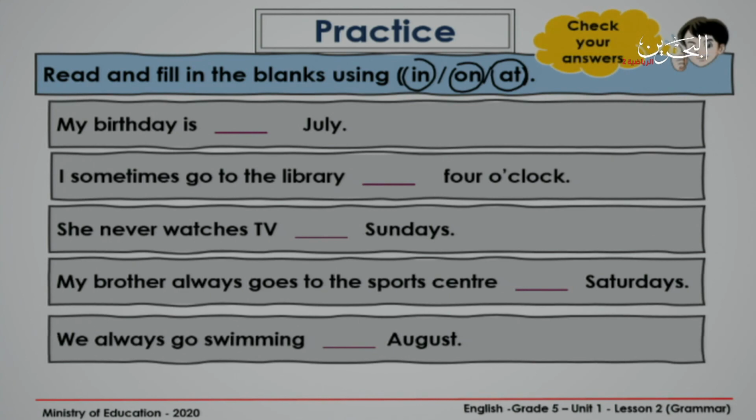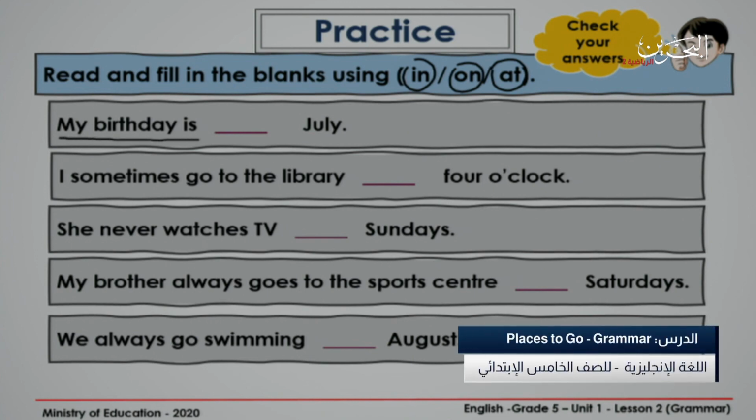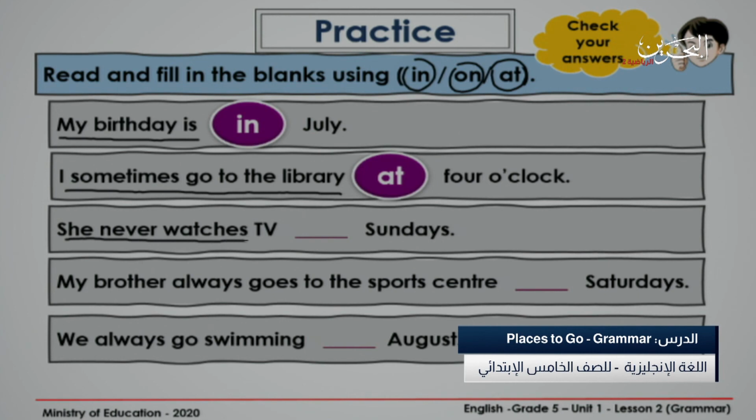Now let's check your answers. Look at the first one. My birthday is, you have a month here. What did you choose? In July. Excellent. I sometimes go to the library. You have a time here. At 4 o'clock. Very good. She never watches TV. You have a day here.